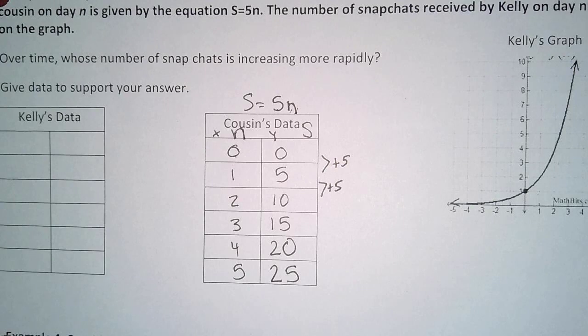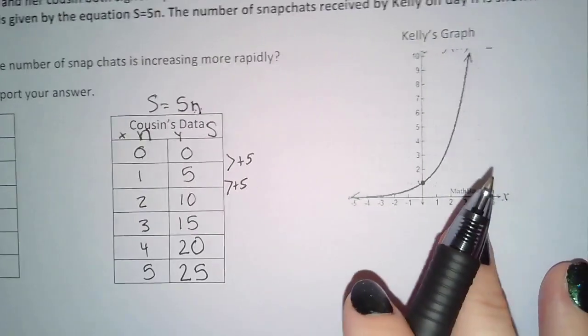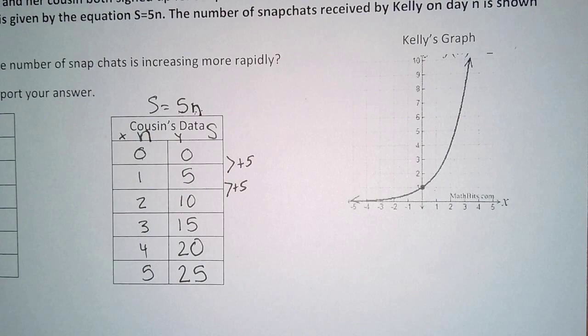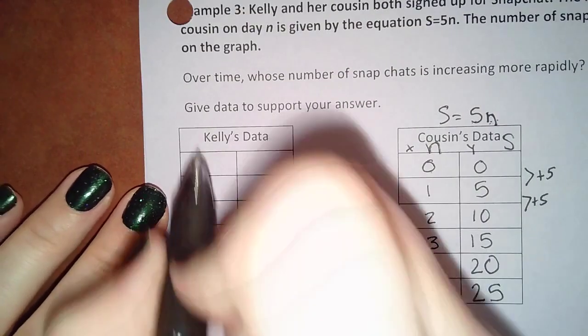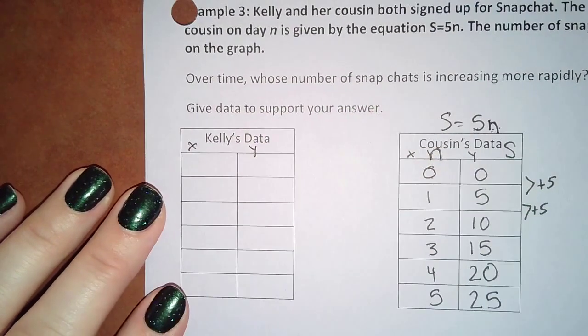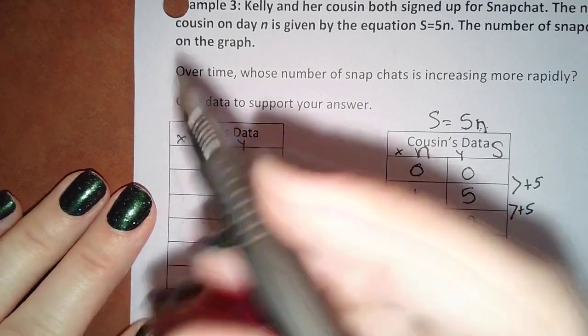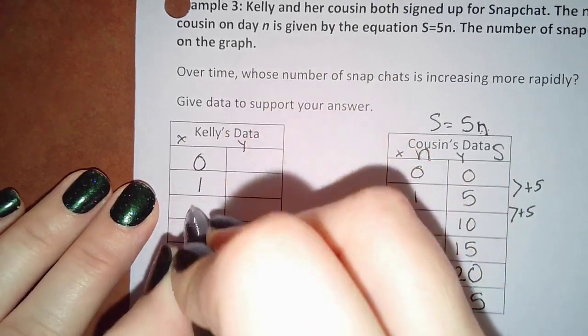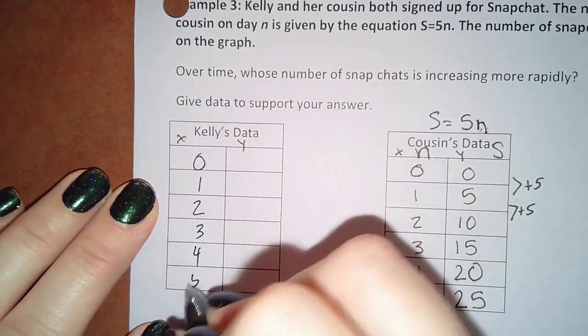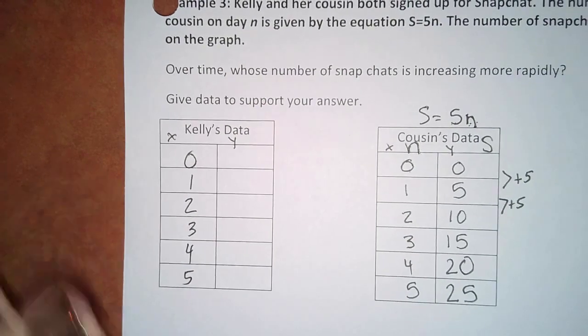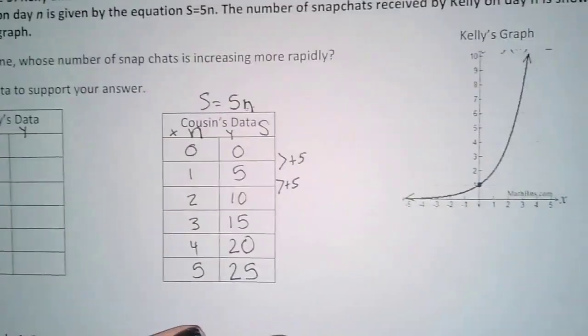Now let's look at Kelly. We don't know Kelly's equation. However, we could write it. So let's look at this first. We'll just call Kelly's X and Y to start out with. And let's find our ordered pairs 0, 1, 2, 3, 4, 5. Looking at our graph, what's her initial value?